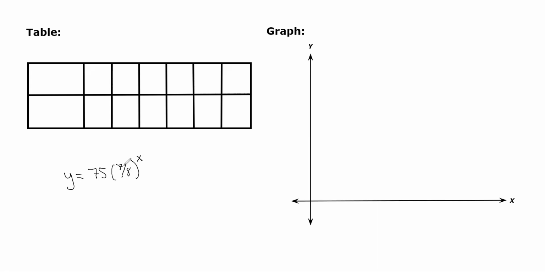Our table, right, our x values are going to be the number of bounces. Essentially, how many times has this thing bounced back up in the air? We'll fill this into the table.